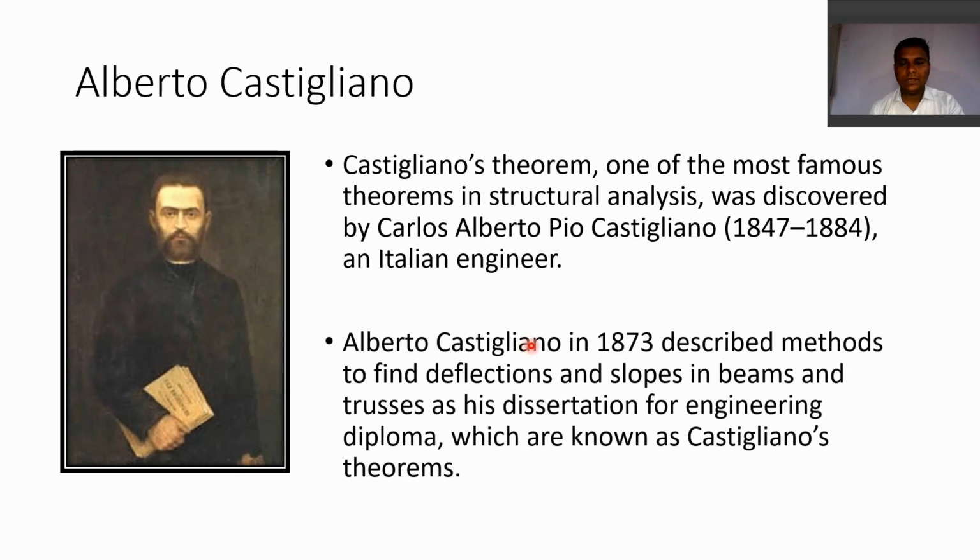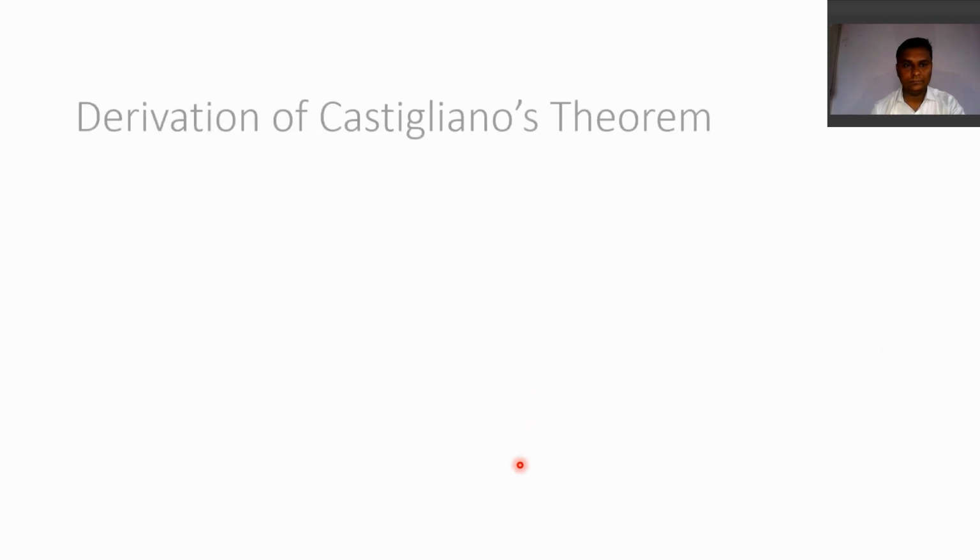In 1873, he described methods to find deflections and slopes in beams and trusses, as part of his dissertation for an engineering diploma, which is famously called Castigliano's theorem nowadays.